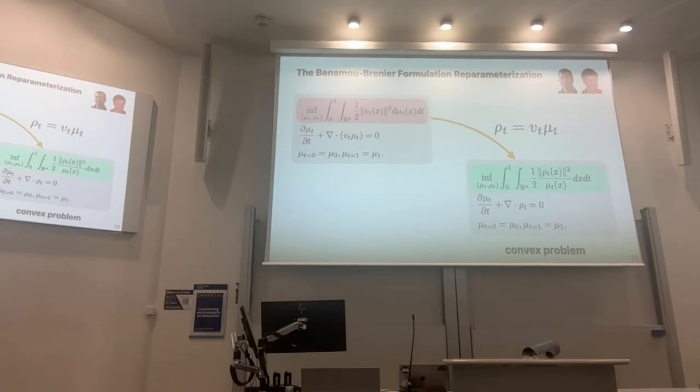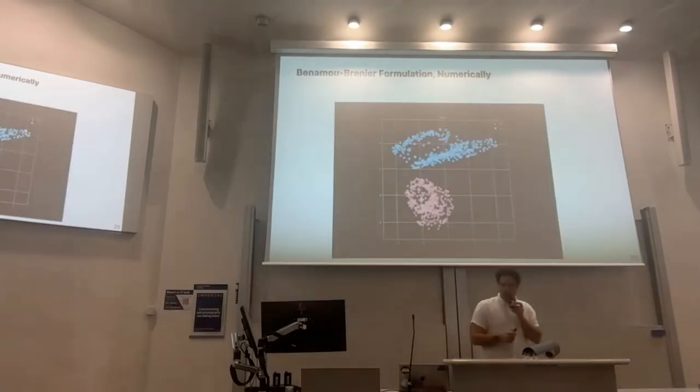But what they did, using this reparameterization, is get something like w squared divided by z, and w squared divided by z is a convex function of the pair. The trick was more to introduce a new way of thinking.